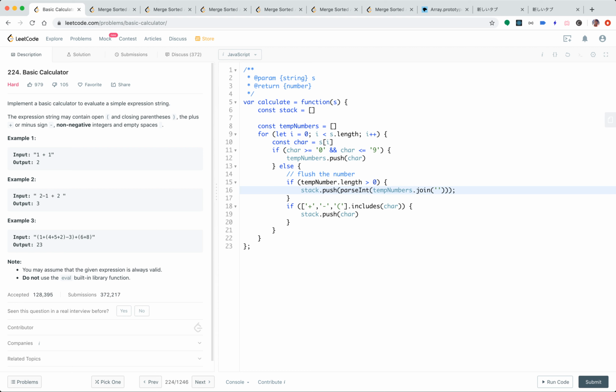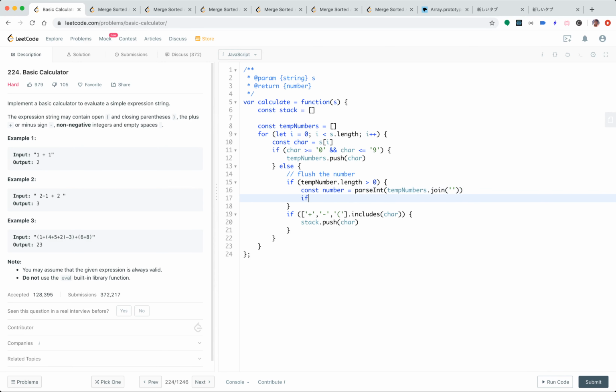Yeah, we push it. What about the last number? Okay, we say number is parse this one, and temp numbers we make it empty, splice 0.